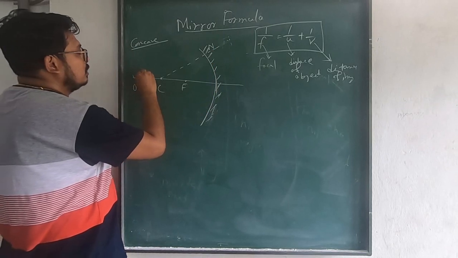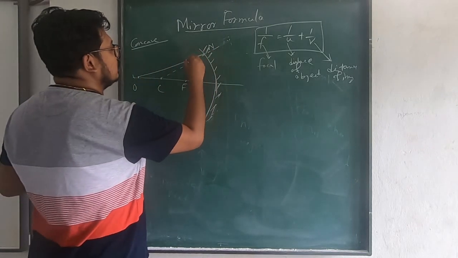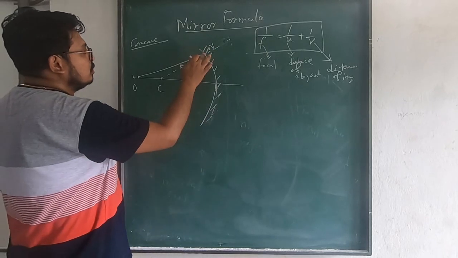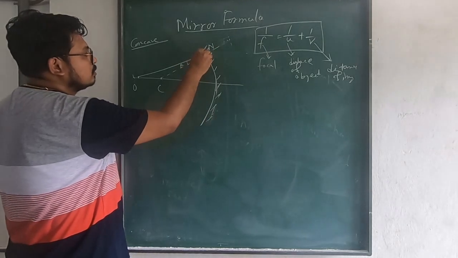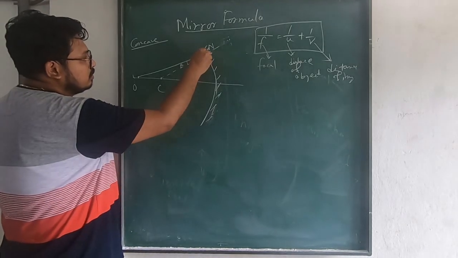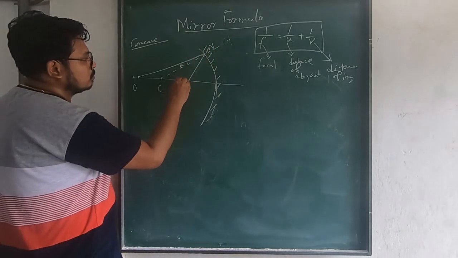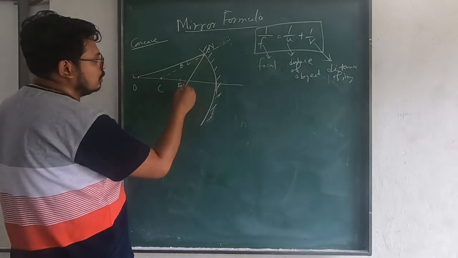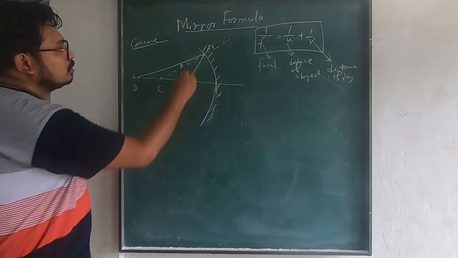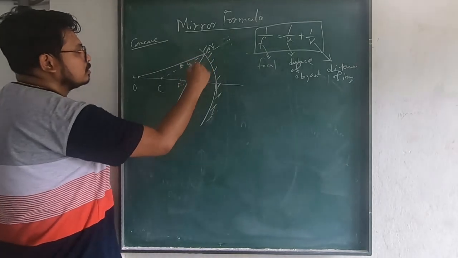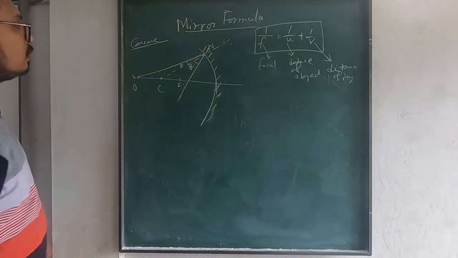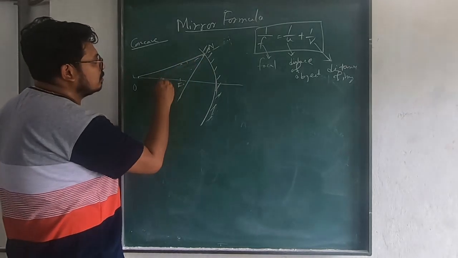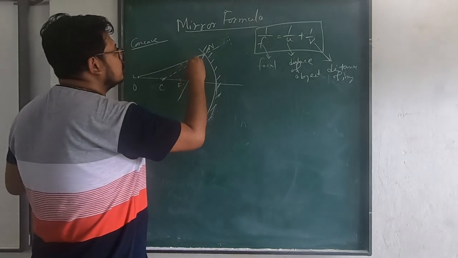Now from here, at an angle theta, after the reflection, it is going through, making another angle. You can draw the diagram a little bit more neatly. Okay.